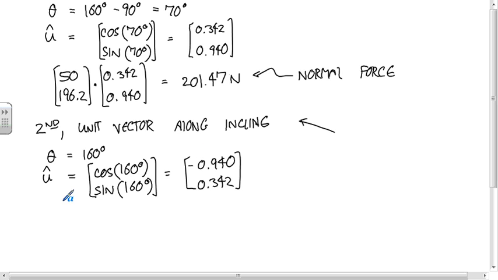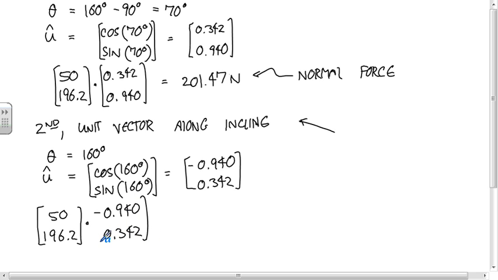And so the friction force is 196.2 dotted with negative 0.94, positive 0.342. And what do you get for that one?